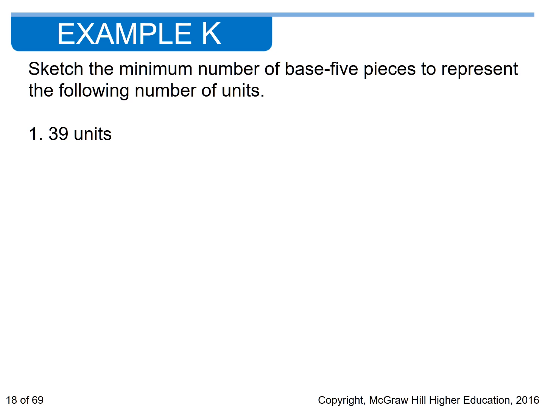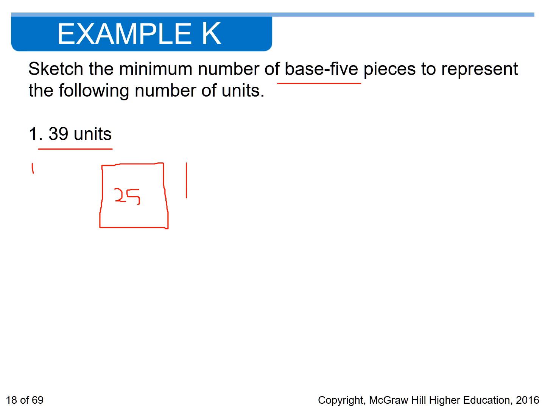So we have this problem. Sketch the minimum number of base 5, so make sure you look at the base 5, to represent the following number of units. Okay, so I have 39 units here, right? Now, let's take the biggest thing we can out of here, okay? Our flat was 25 units, but I need 39.